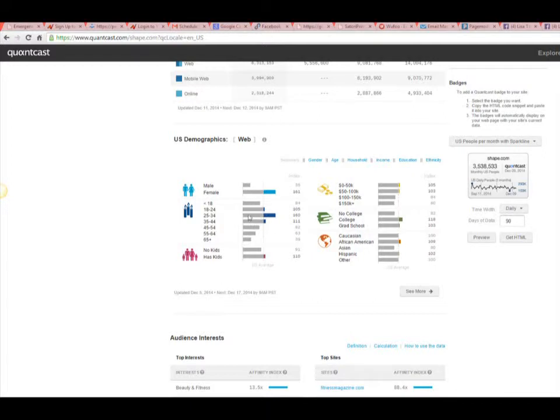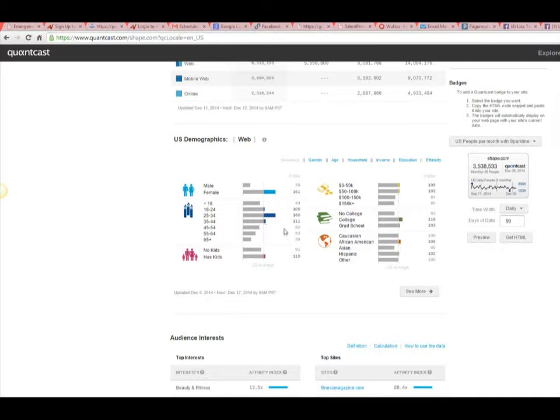Or you can create 3 different ads based on these age groups and adjust your wording for each, because in the 35 to 44 range you might be targeting moms. The 25 to 34, you might be targeting young professionals, and the 18 to 24 you're targeting more towards college students.